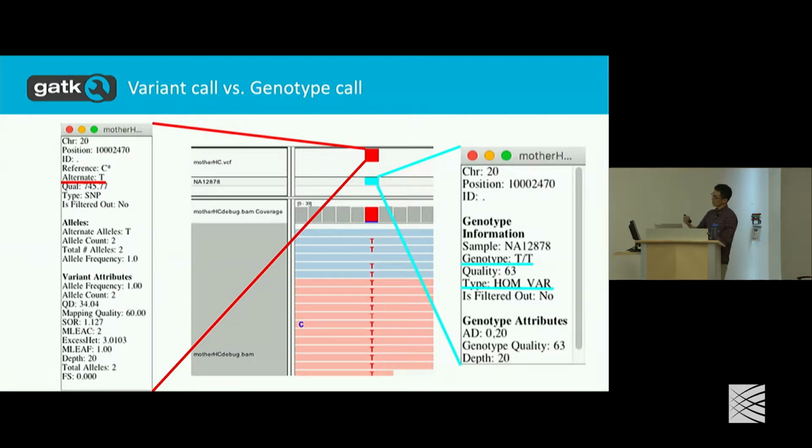The workflow found this variant, and it says the genotype is two copies of the T allele. So this is a homozygous variant site, and it does say homozygous variant, for HomVar.